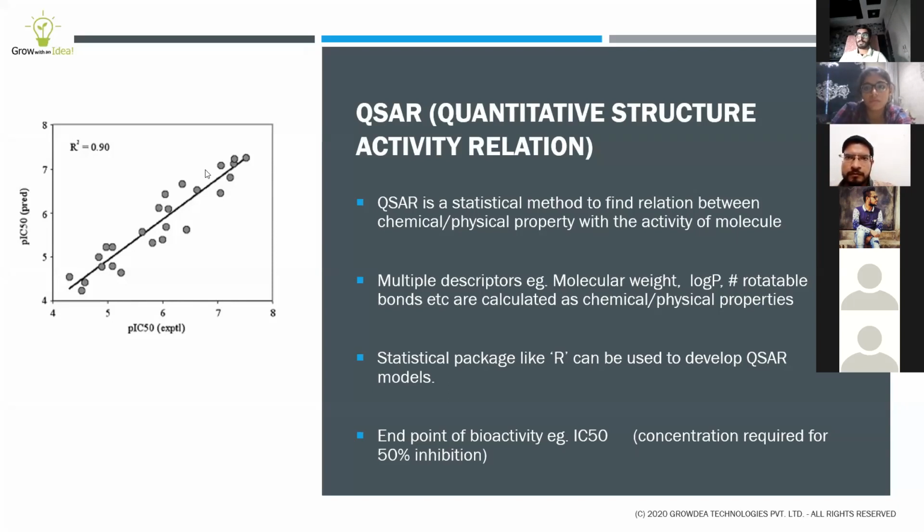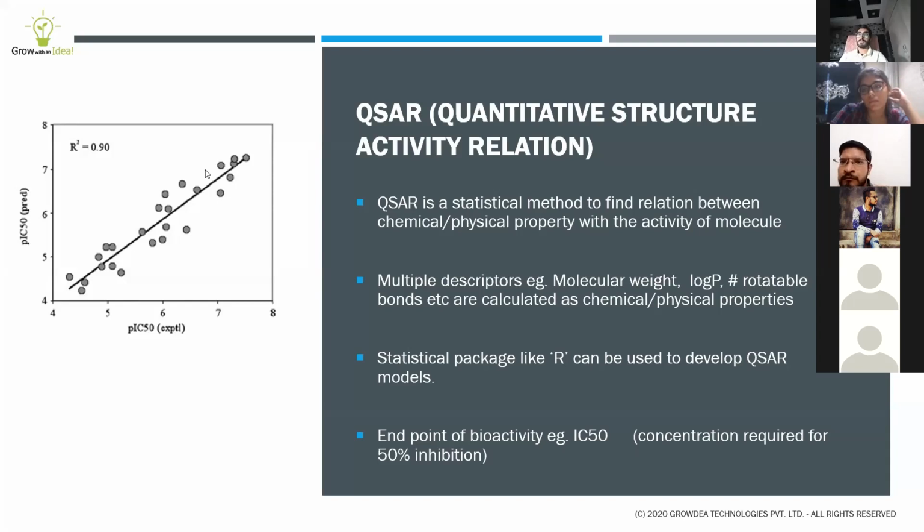R square is a regression coefficient for this model. Here in this case, R square is 0.9, which means that it is highly correlated, which says that if you are predicting using this particular model, then there is a high chance that you will lie somewhere close to its experimental value.